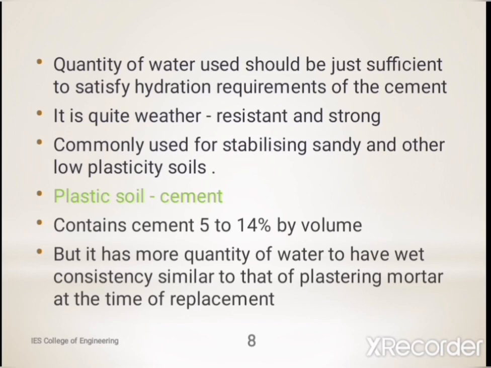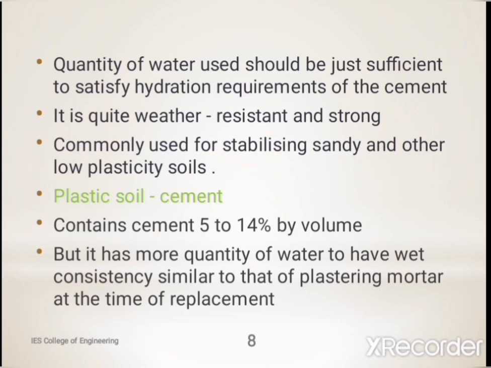Approximately, for every kilogram of cement about 0.35 kilogram of water is needed to fully complete the hydration reaction. So water is added in such a way that it satisfies the hydration requirements.